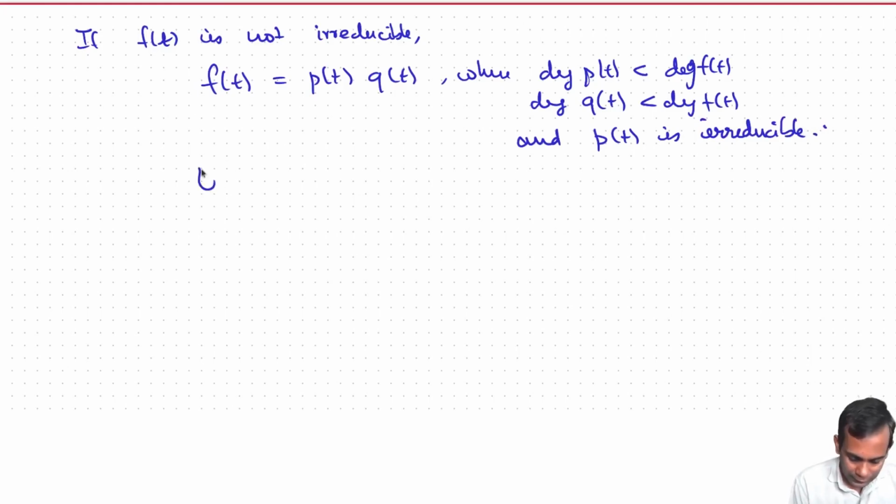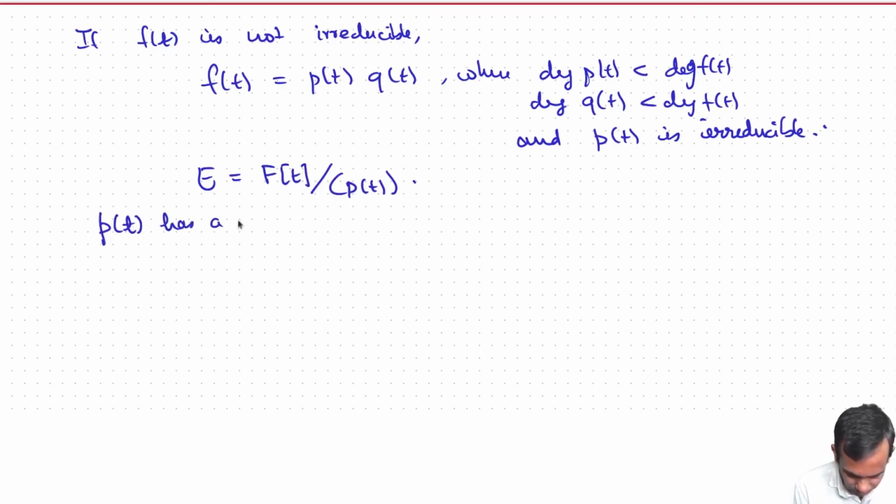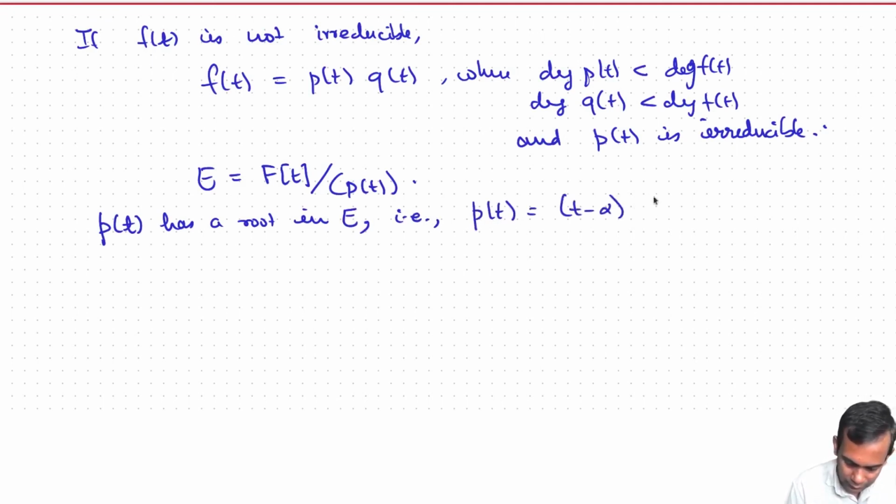Then again you define E to be F[t] mod the ideal generated by p(t), and so p(t) has a root in E, and so we can write p(t) equals t minus alpha times r(t). So what we have is f(t) equals t minus alpha times r(t) times q(t).